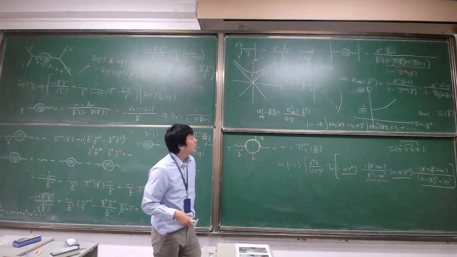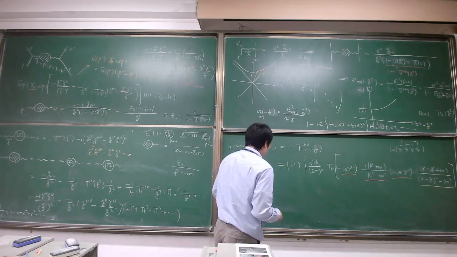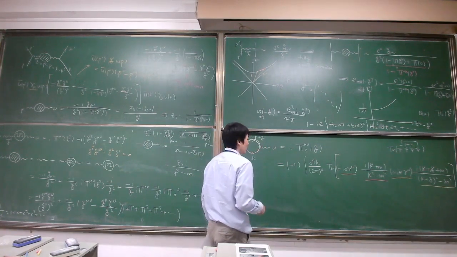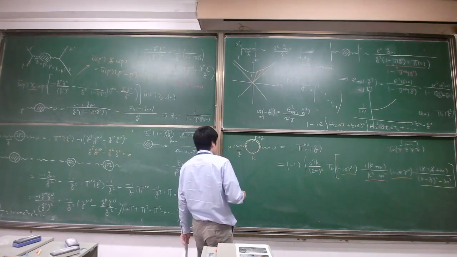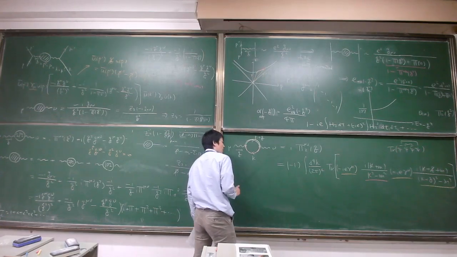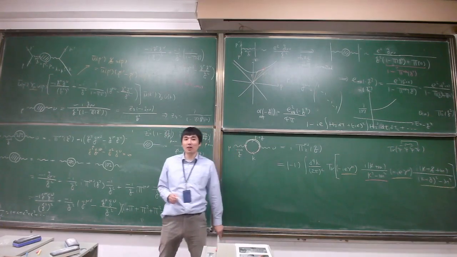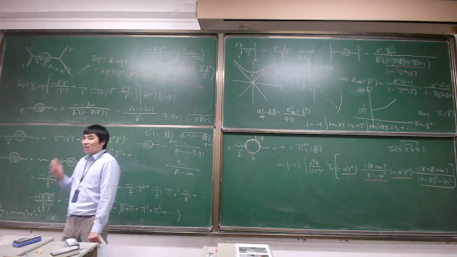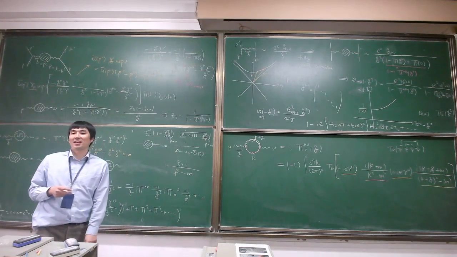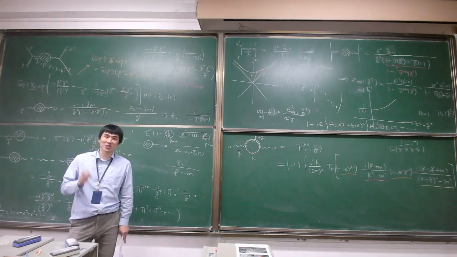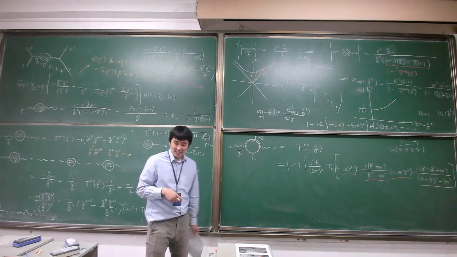So we would like to evaluate this one. We can also evaluate this one with Pauli-Villars, but this time we will use so-called dimensional regularization. Dimensional regularization was essentially introduced by 't Hooft and Veltman in the Netherlands in the 70s.